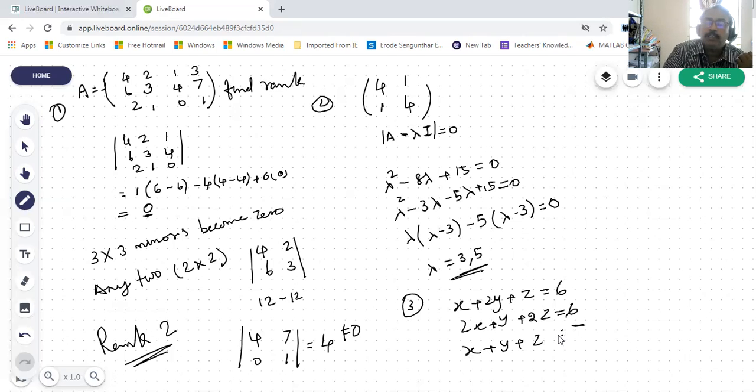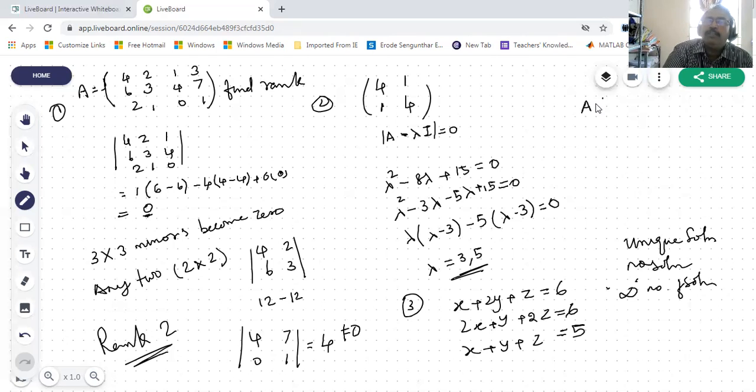And you are asked about whether there is a unique solution, maybe no solution, infinite number of solutions, or exactly 2 solutions. The point is you have to solve this matrix. You have to solve the augmented matrix.